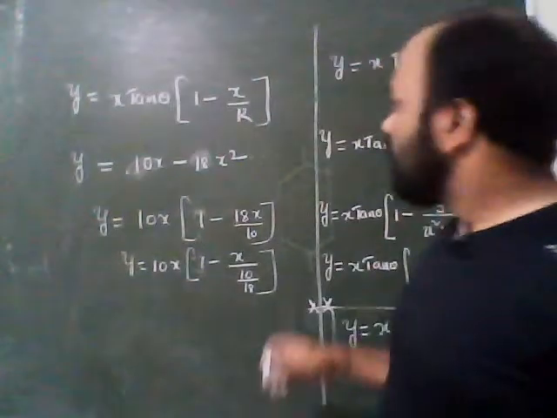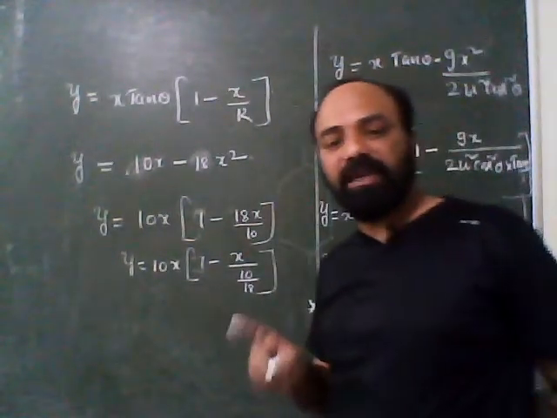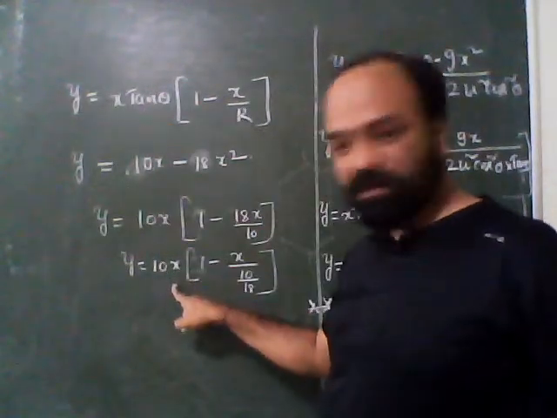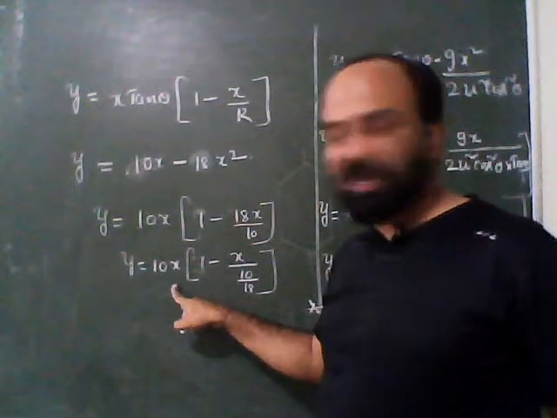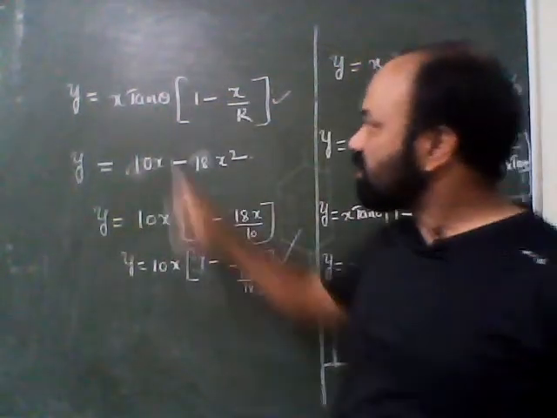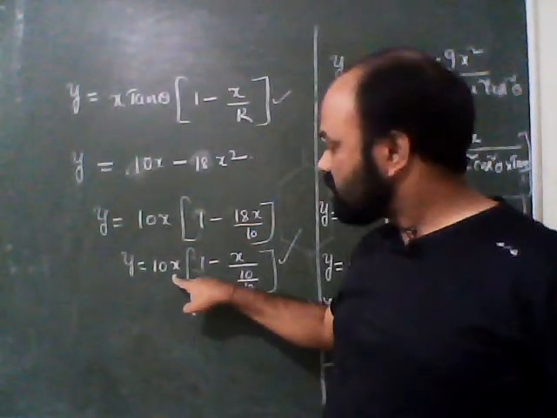Now comparing this equation and this equation, if they ask tan theta value, what is the angle of projectile? x tan theta is equal to 10x, so x gets cancelled.